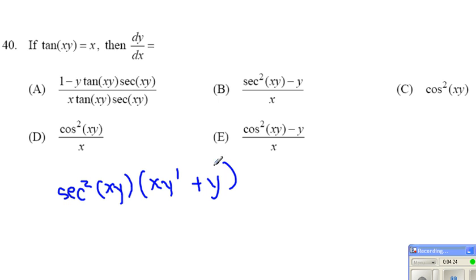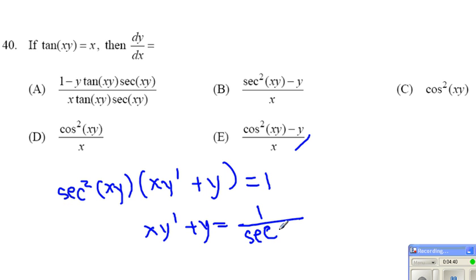That was the derivative of the left side. The derivative of the right side is simply 1, because the derivative of x is 1. Now we realize x y prime plus y must be equal to 1 over secant squared xy. In other words, this is simply cosine squared of xy.